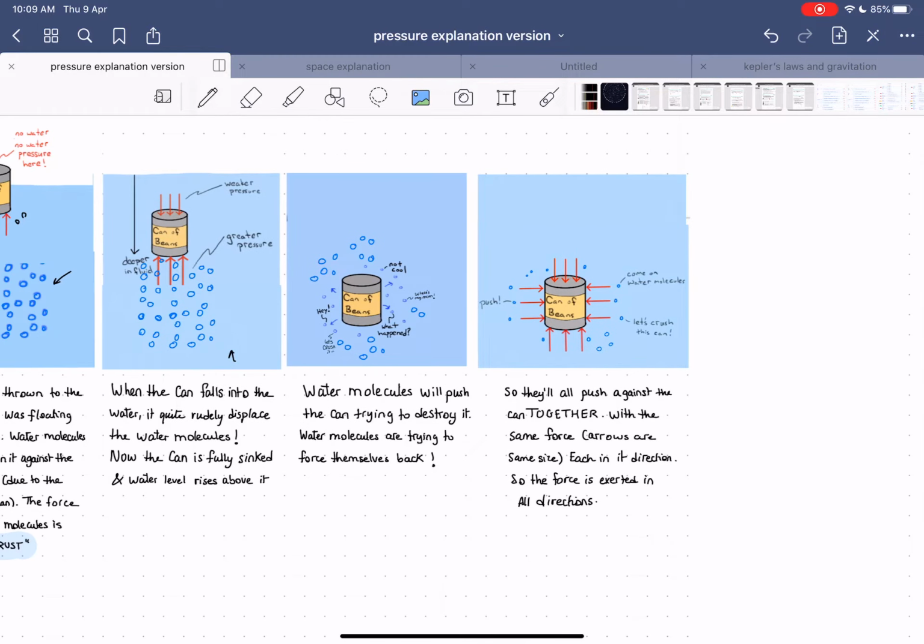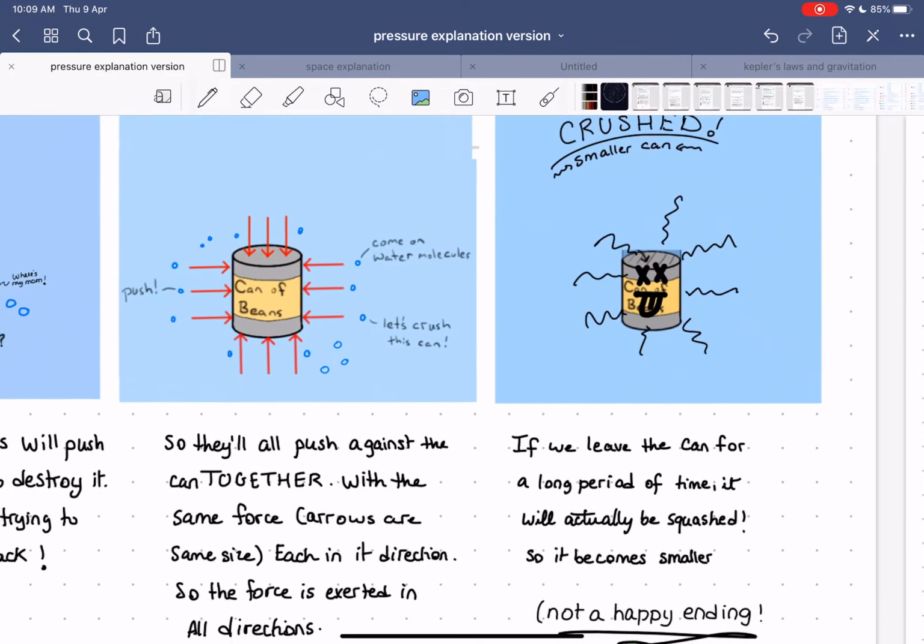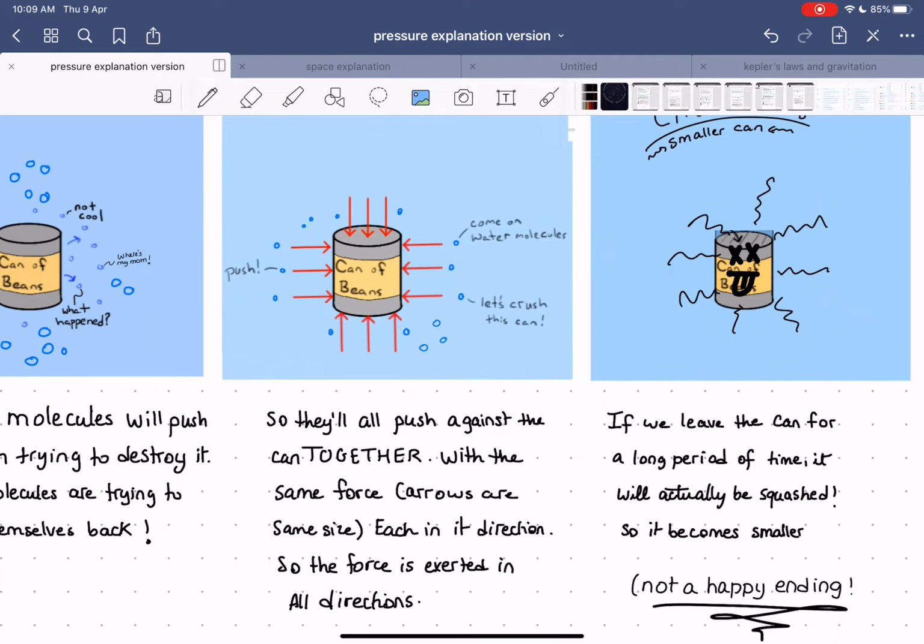After a very, very long period of time, the can will actually be crushed, so the shape of the can will be changed slightly, and water molecules will succeed in returning back all together.